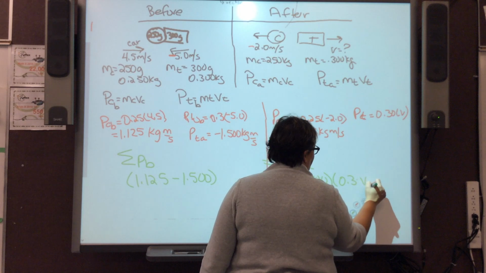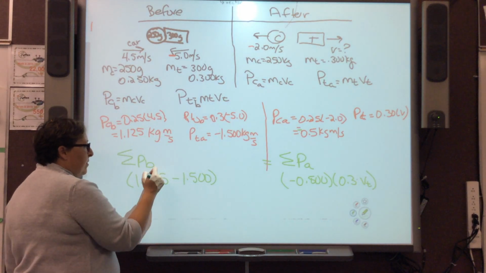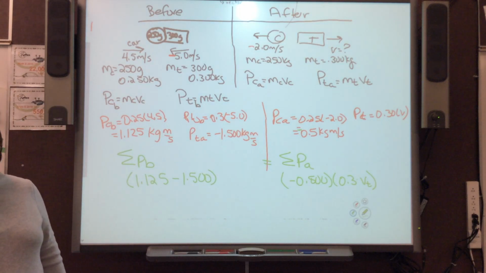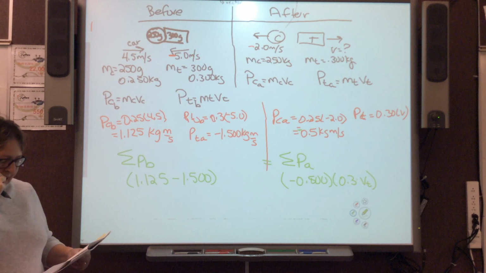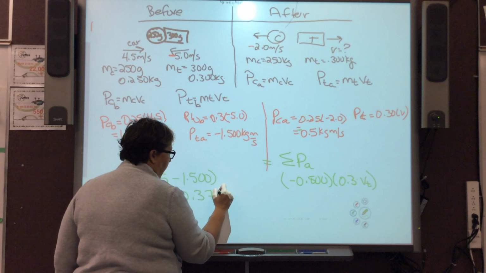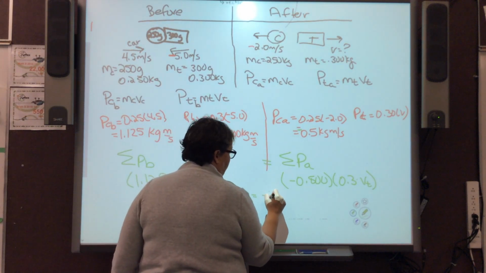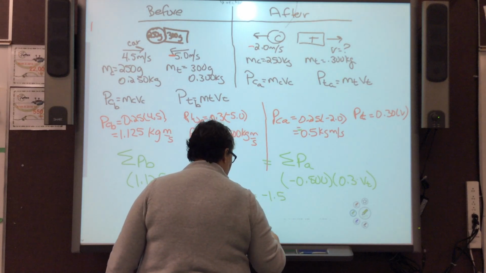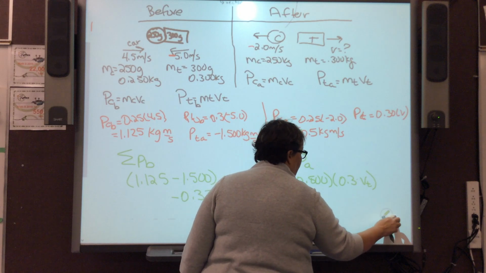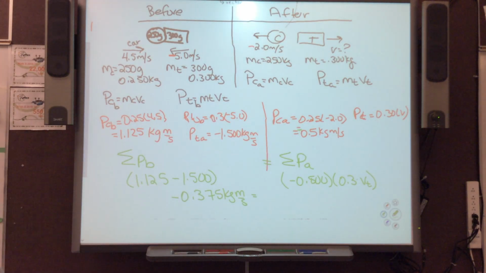So what do you get for the momentum before? Negative 0.375. And when you do the math on the right-hand side, it's not 1.5.